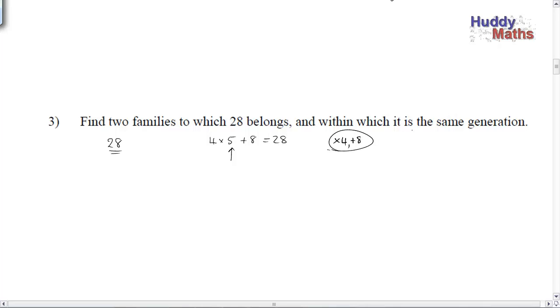Now I've got to work out another family using the same generation. So I've still got to use this same generation here. So let's do 6 times 5 is 30. Take 2 would be 28. There's an infinite number of these, isn't there? So this family would be called multiplying by 6 and taking 2.